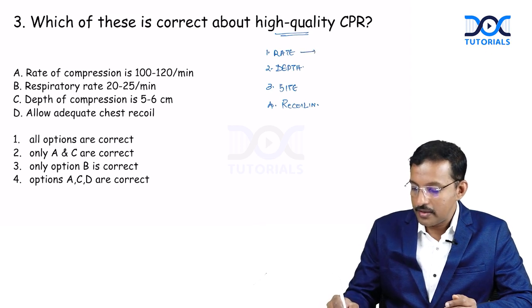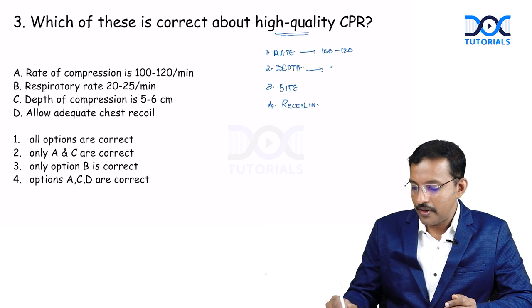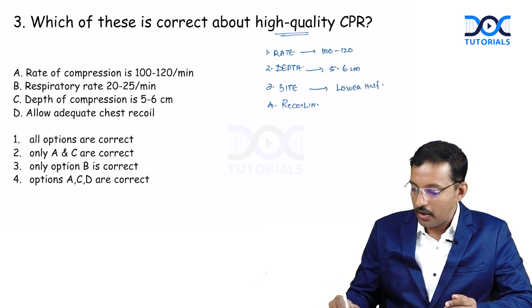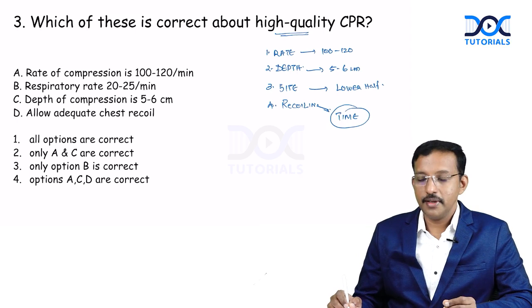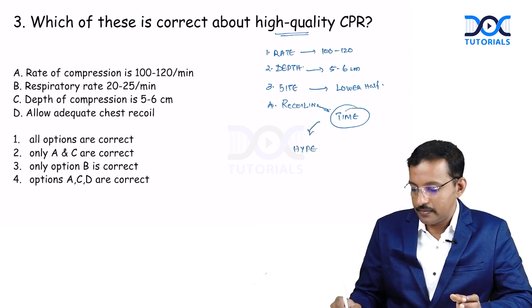Rate is 100 to 120 per minute, depth is 5 to 6 centimeters, site is the lower half of the sternum, and always provide adequate recoil time. Now how do we ensure adequate recoil time? It is by preventing hyperventilation.